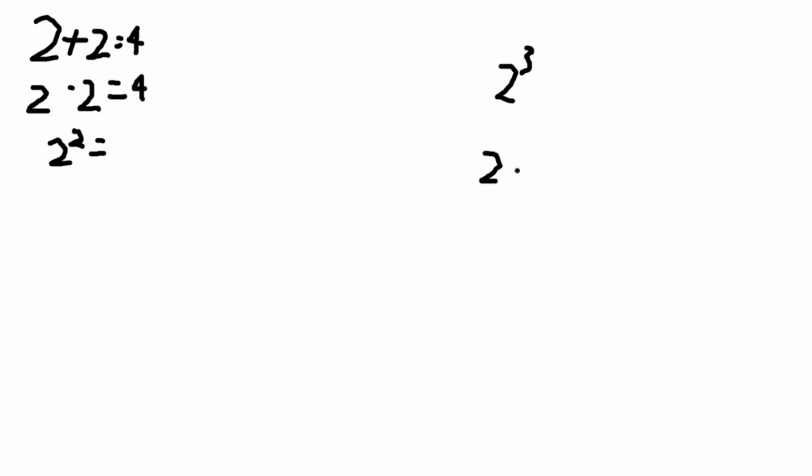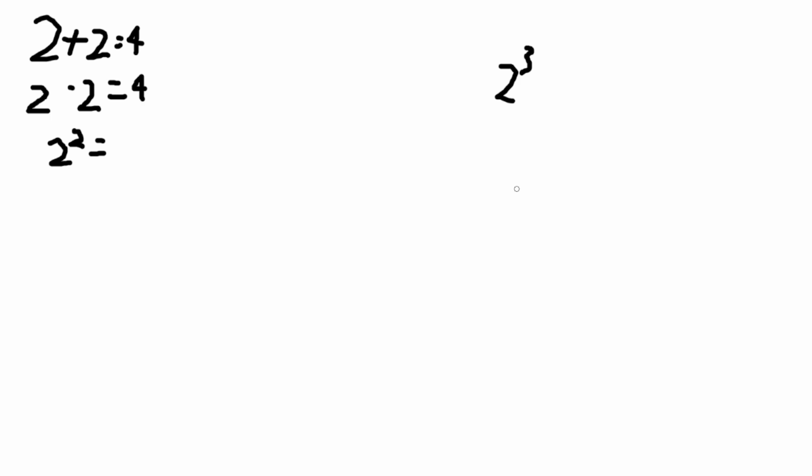So it would be 2 times 2 times 2. And this is different from 2 plus 2 plus 2 because these combine to make 4. And then we have 4 times 2, which equals 2 sets of 4, that equals 8. Alright, we got all this cleared up.